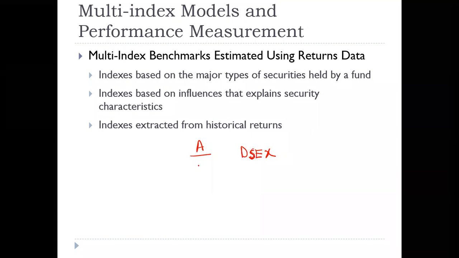They have reported that I have achieved 13% since the inception of our fund, and at the same time, DSEX has reported 10% return or 8% return. That's why we have outperformed.